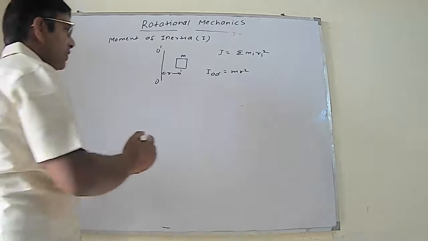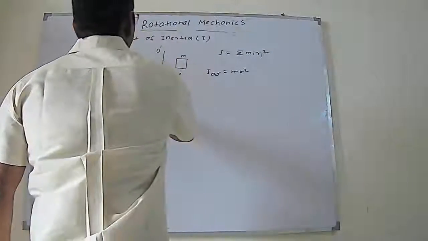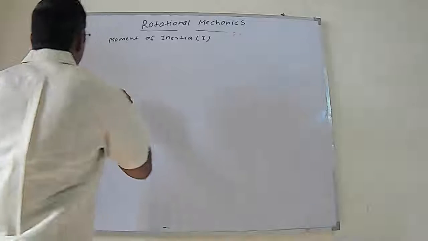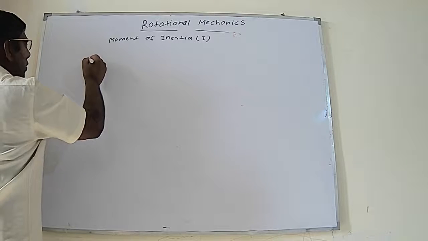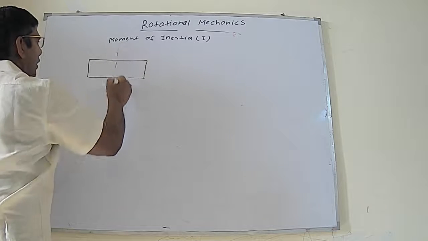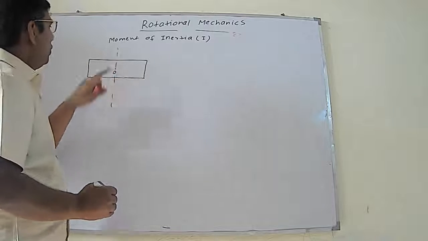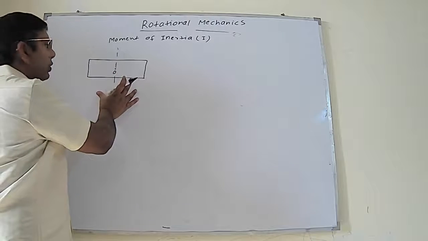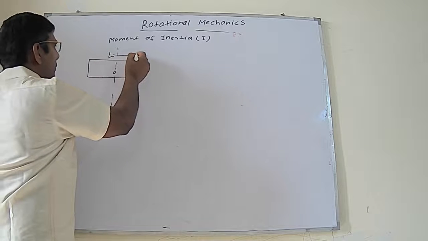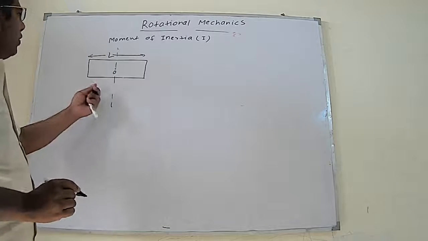Let's take one example of a continuous system, like a rod. We have a rod of length L, and it is uniform, so the center of mass is here. We want to find the moment of inertia of this rod. How to find I for this one?